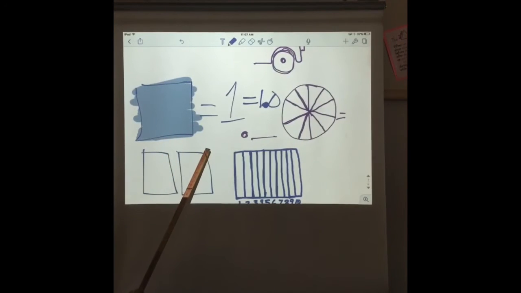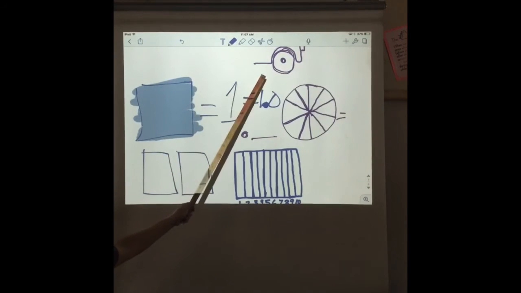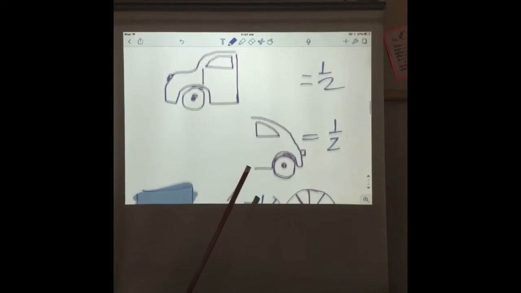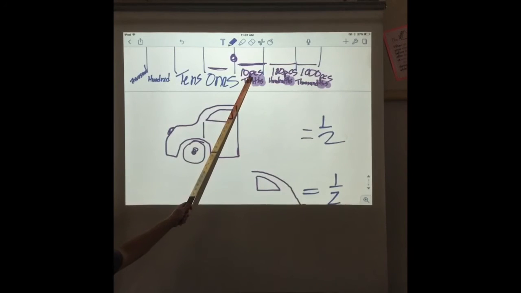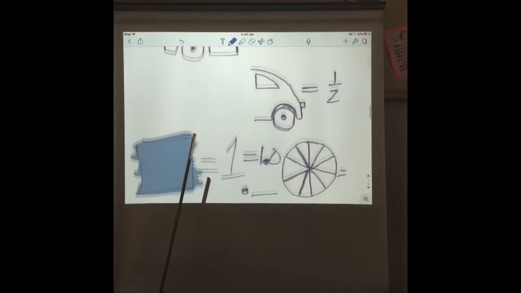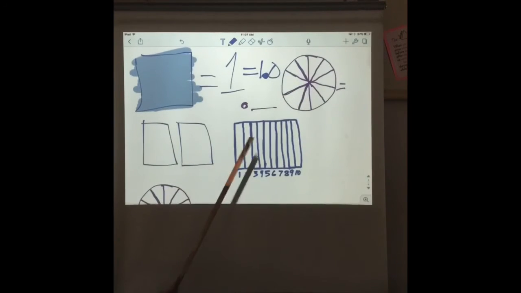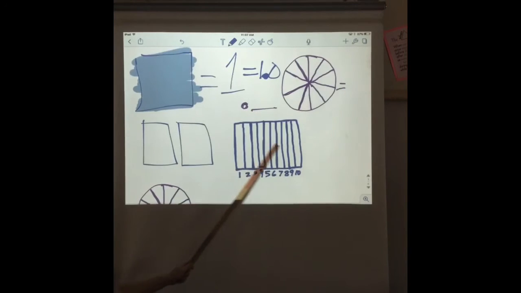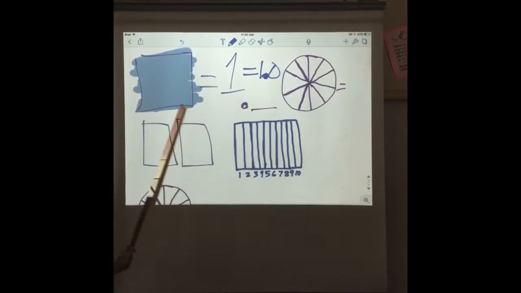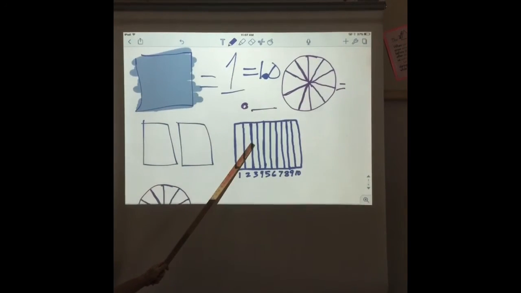Now, I said that to the right, the first place on the right is cut up into how many pieces? 10. So what I did, I cut this up into 10, and I also cut this up into 10. So let's say that this is the same as this.